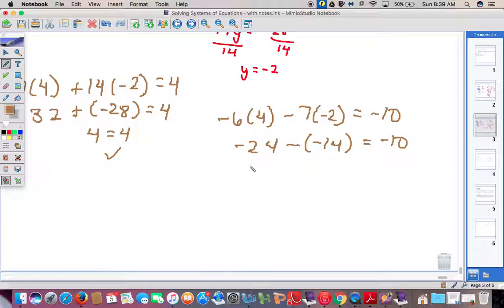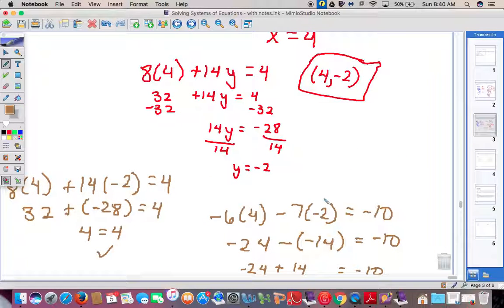So negative 24, minus a negative becomes a positive, 14 equals negative 10. Negative 24 plus 14 is negative 10. Negative 10 equals negative 10. So that solution works for the second equation as well. Okay, so my solution would be 4, negative 2.